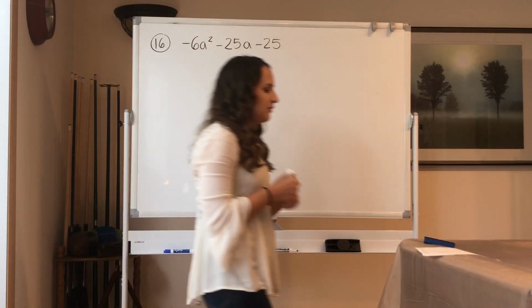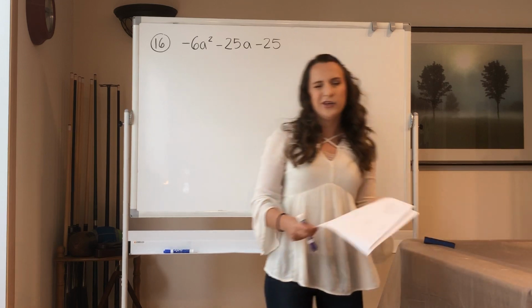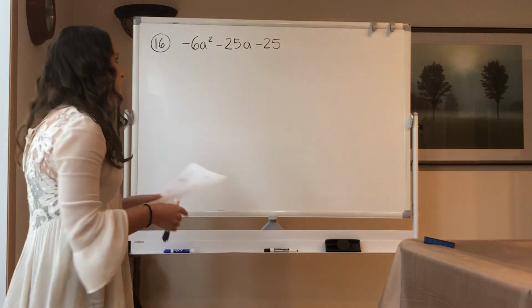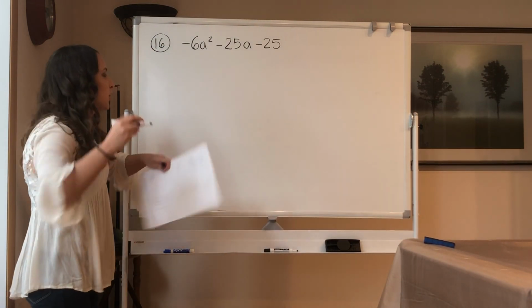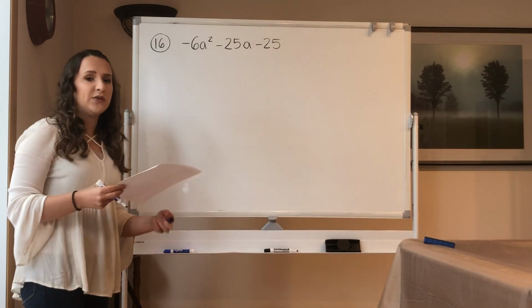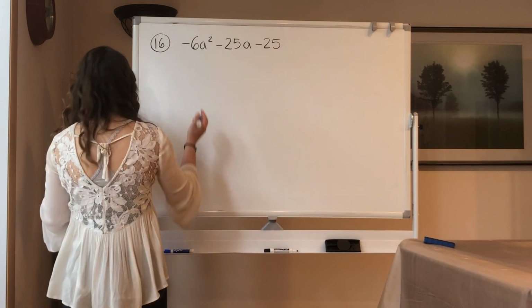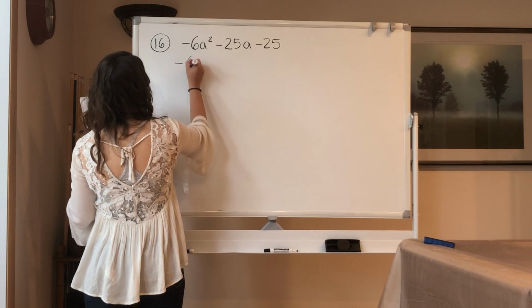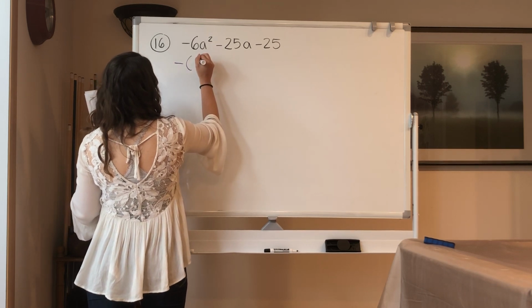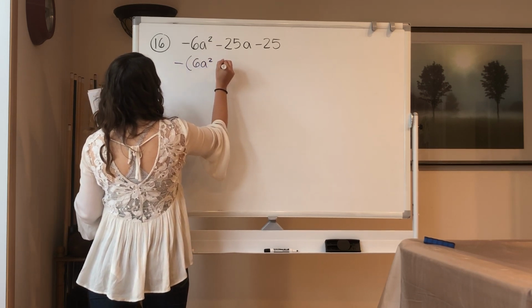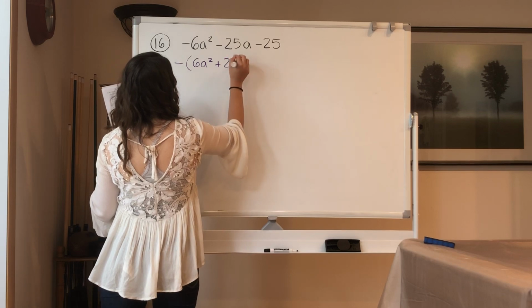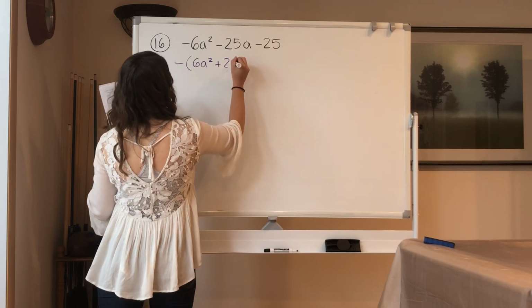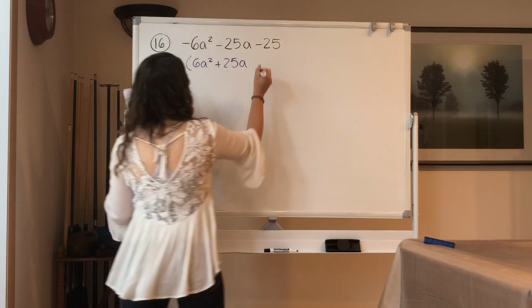Anytime there's a negative in the front, factor it out, because when you don't, you usually end up getting confused and getting the wrong answer. So we start by factoring out the negative, leaving 6a squared plus 25a plus 25.